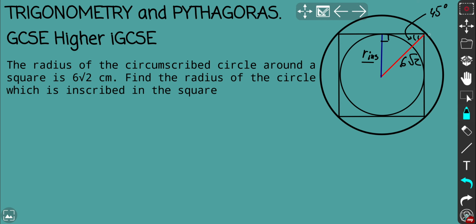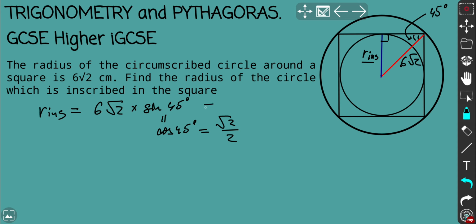Using that, we can easily calculate the inscribed radius, or radius of the inscribed circle, as simply 6 square root of 2 times, in this case, sine of the angle 45. Sine of 45 equals cosine 45, and that's going to be the same, square root of 2 over 2.